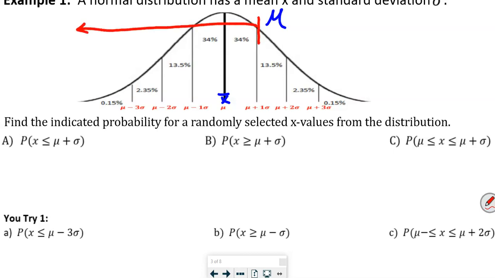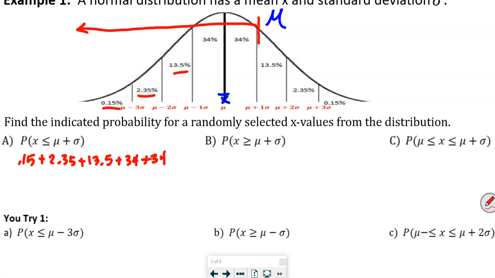So we're going to add all those numbers together: 0.15 plus 2.35 plus our 13.5, plus 34 plus 34.